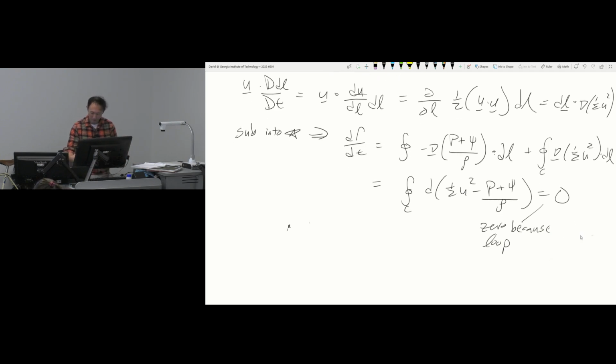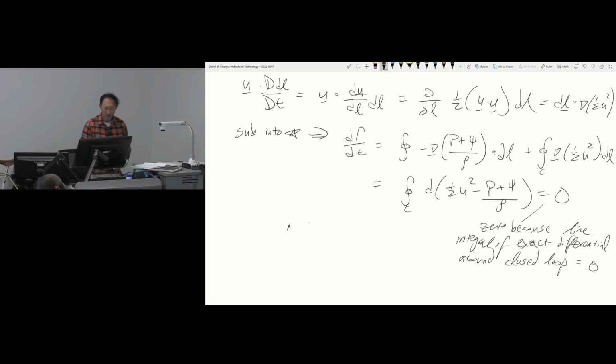Let me write this carefully, because the line integral of an exact differential, anytime I integrate something like this, is called an exact differential, because everything there can be written as the derivative of something else.